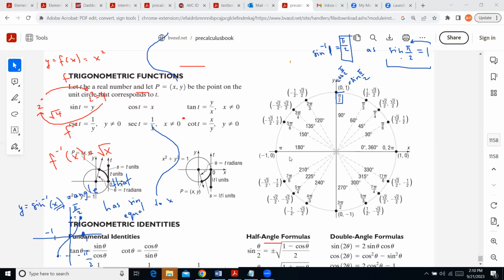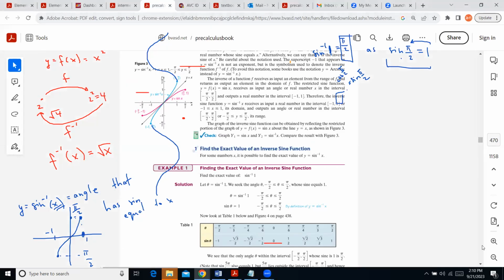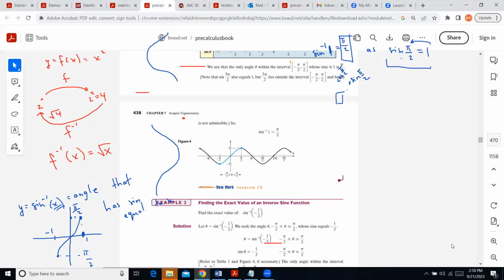So I think we should do a few problems today to start to get used to this definition. And today I just want to deal only with arcsine. Like in example 2, we're looking at arcsine of -1/2. So what angle is that? Remember, arcsine is the angle that has sine equal to whatever we have here, -1/2.